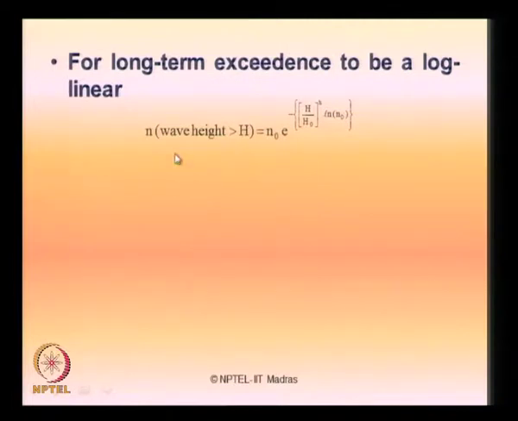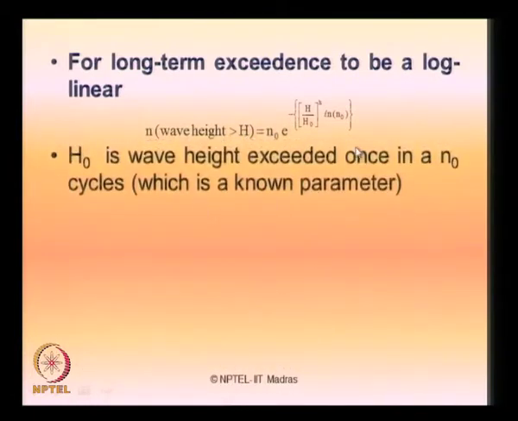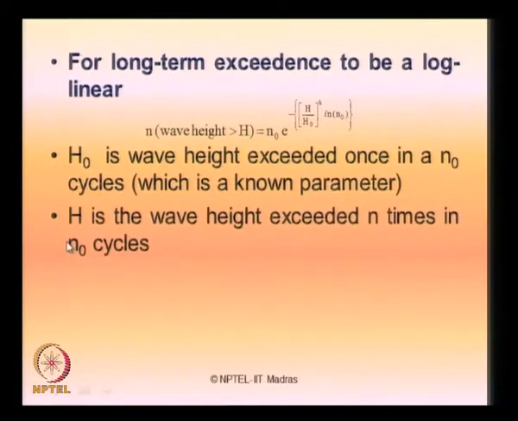In that case, the equation you see here relates not to the stress, but directly to the wave height, where h naught is the wave height which is exceeded once in n naught cycles, which is again a known parameter, and of course h is the wave height which is exceeded n times in the n naught cycles. Okay, that n is what you are finding out, and n naught is already known.